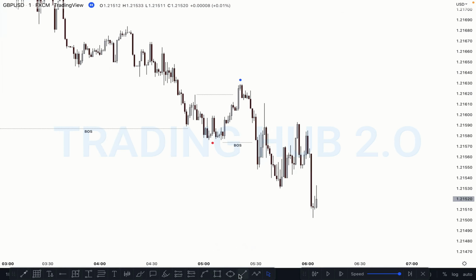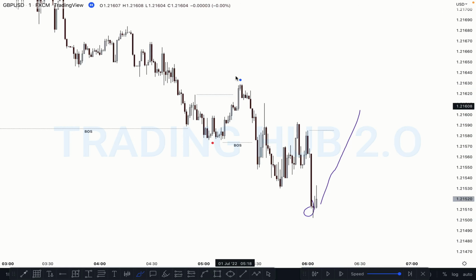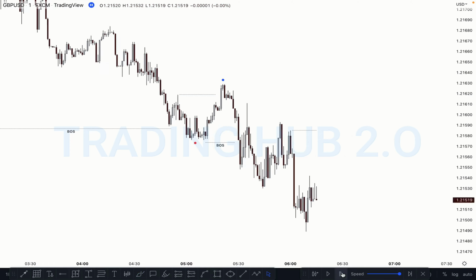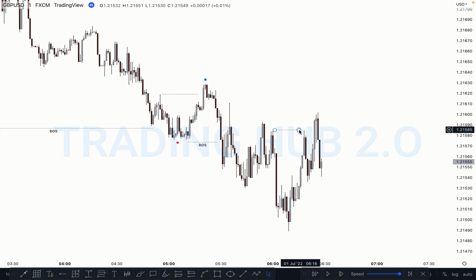Okay, so price must take out the first recent high, which is here. When the market takes out this high, like this, then this becomes our lower low. Okay, and this is a lower high, correct? So let's see what happened. Okay, finally the market took out this high, which is here.